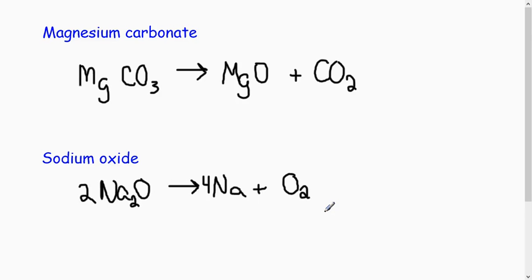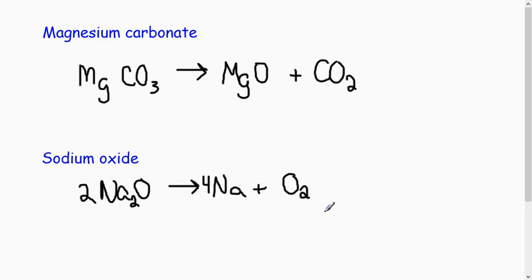You will be given on any testing quiz that carbonates decompose into oxides and carbon dioxide. Hydroxides decompose into oxides and water. Chlorates decompose into chlorides and oxygen. And binary compounds decompose into pure elements.